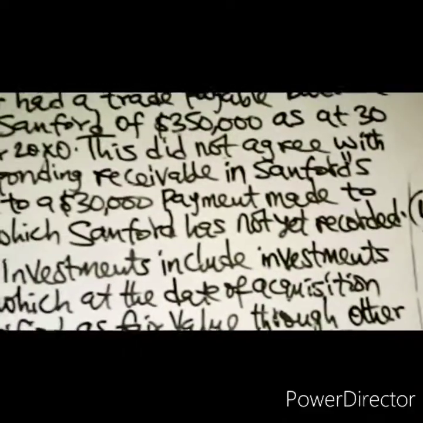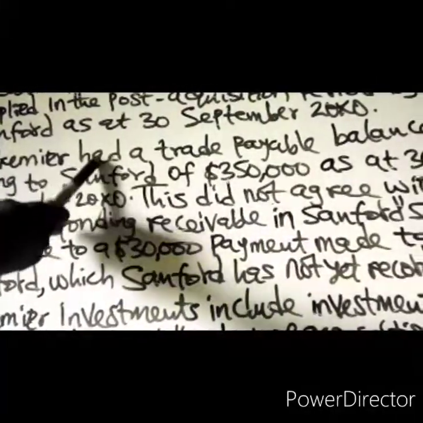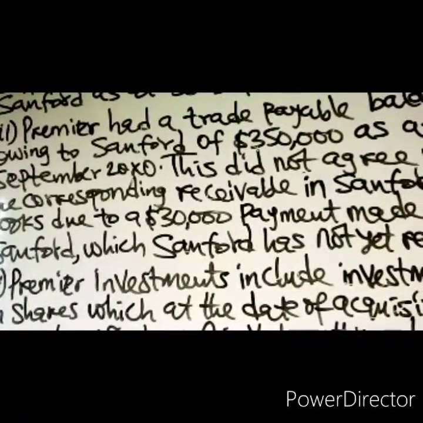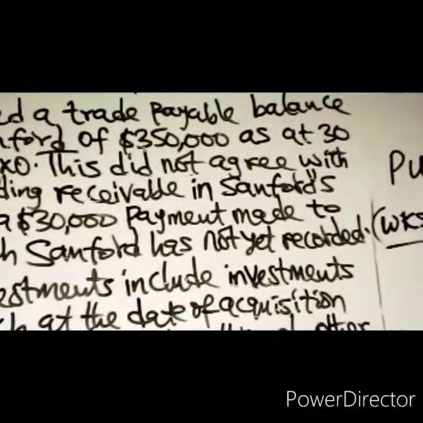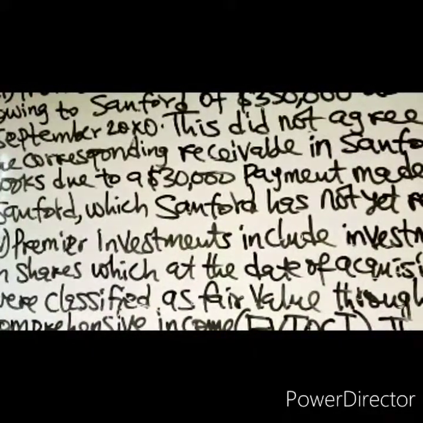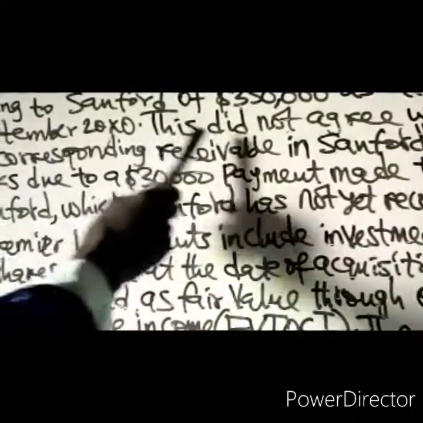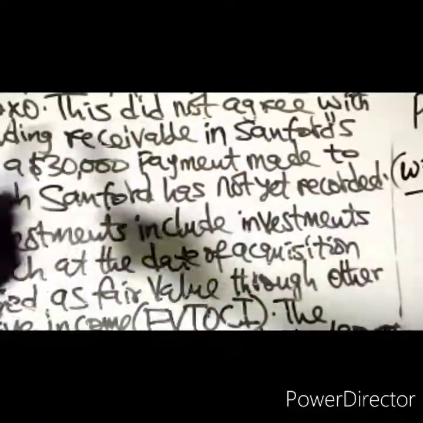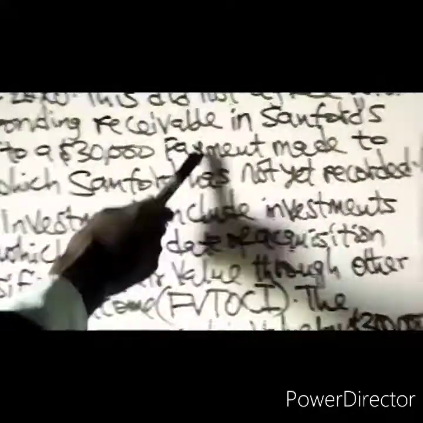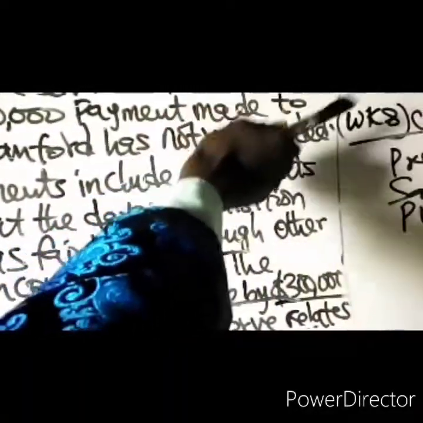Now, note 3. Premier had a trade payable balance owing to Sanford of $350,000 as at 30 September 20x0. This did not agree with the corresponding receivable in Sanford's books due to a $30,000 payment made to Sanford, which Sanford has not yet recorded.